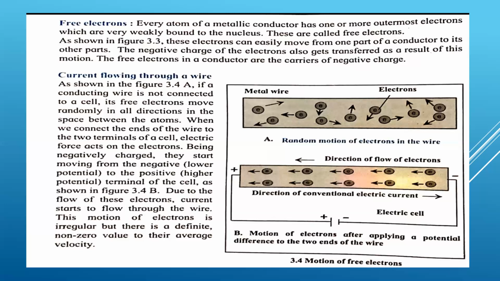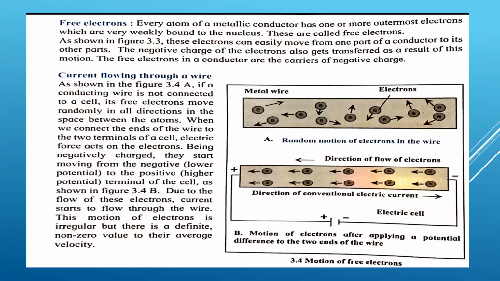As you can see in diagram 3.4, it shows the electrons present in a wire and they are free to move in any direction. They jump right, left, up and down as long as the wire is not connected with the switchboard.